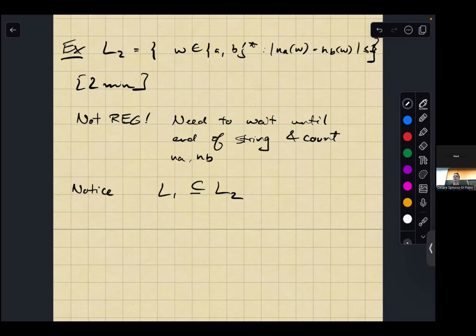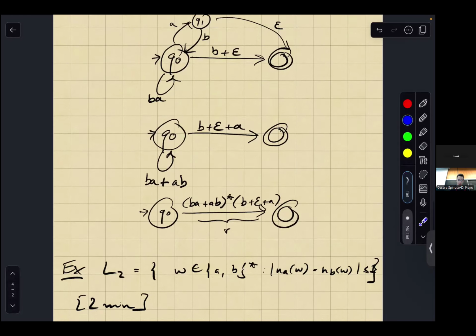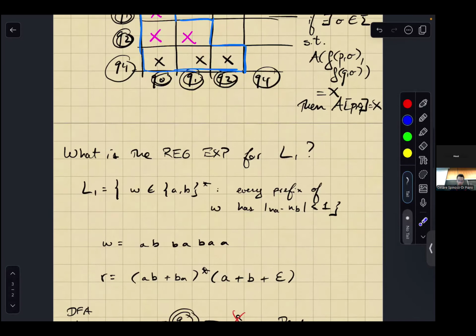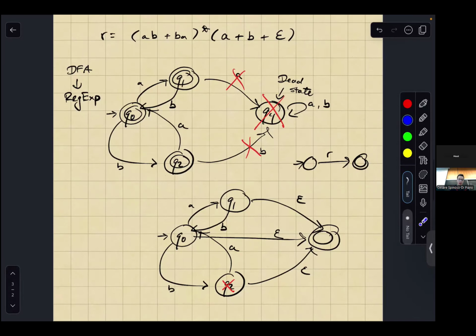Now we need to, yeah? Can we consider the prefix like part of the... Right, you can't use the same reasoning, because what was going on here is as soon as I saw an A here, I would reject it because I would get plus 2 in a prefix.